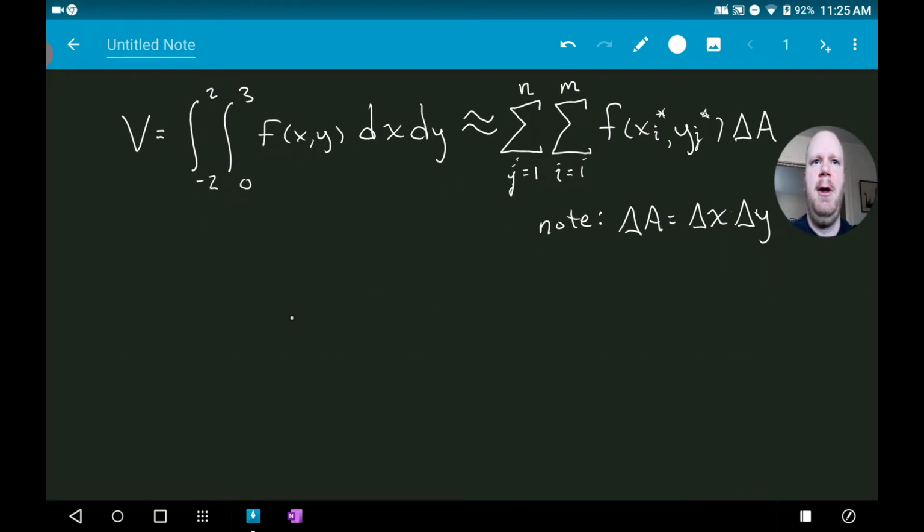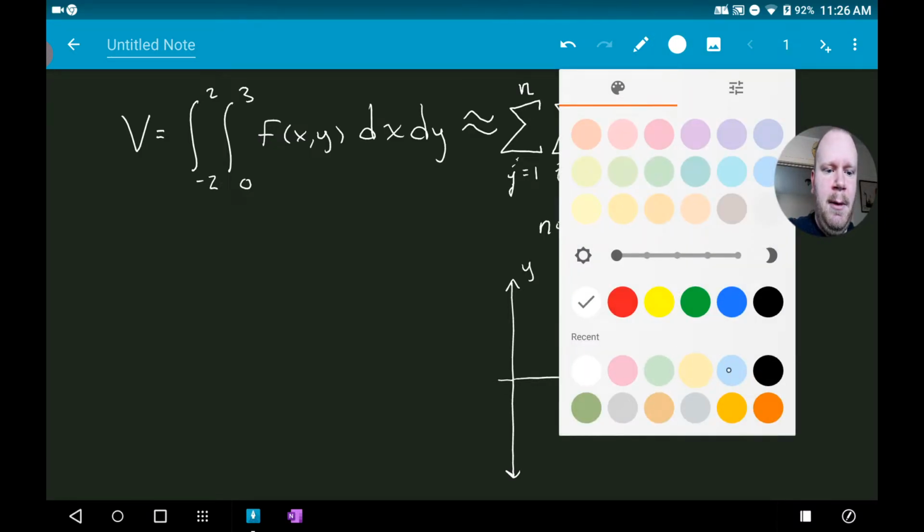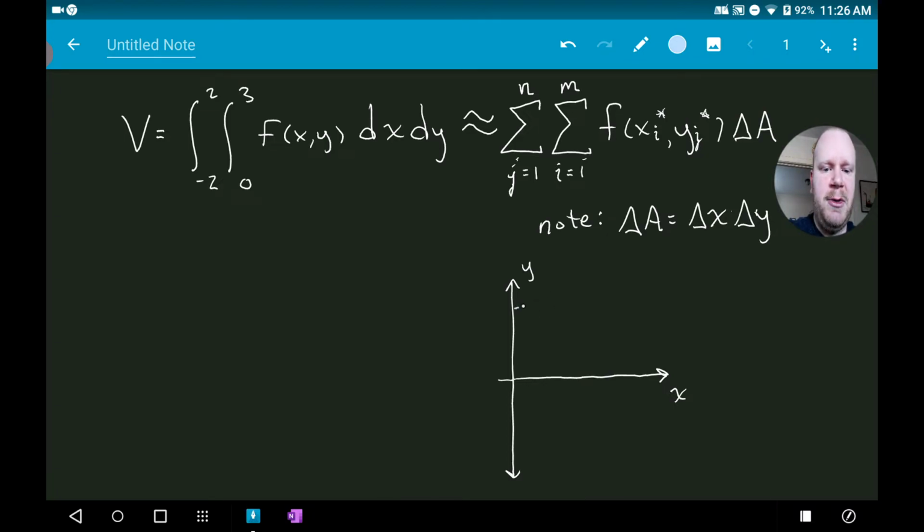So let's say that you're given this. Let's talk about that same region. So that region was in blue there. So again, this is 3, this is -2 to 2.